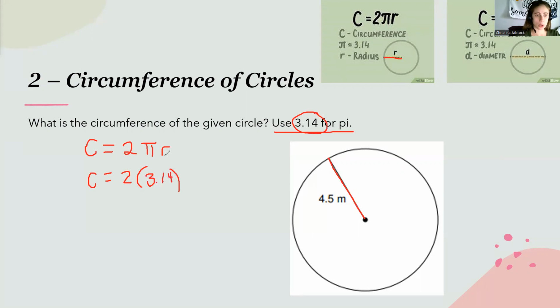And then that's being multiplied by our radius, which is 4.5. This is all just straight up multiplication. So at this point, you can either multiply on paper, or you do have permission to use a calculator, and you can just take 2 times 3.14 times 4.5, and we get a circumference of 28.26 meters.